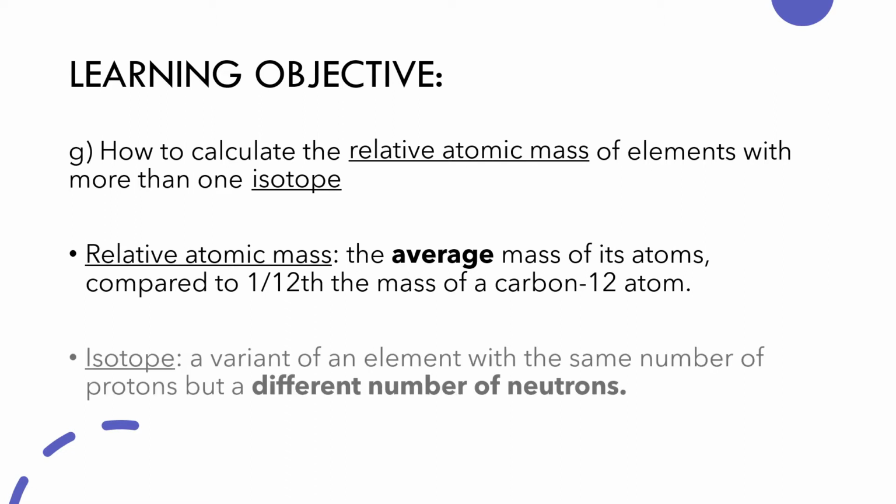An isotope is a variant of an element with the same number of protons but a different number of neutrons. I've put in bold two of the key parts of those definitions, as the average mass of its atoms is very important, and the fact that an isotope has a different number of neutrons is very important, as that will affect the mass of each isotope.